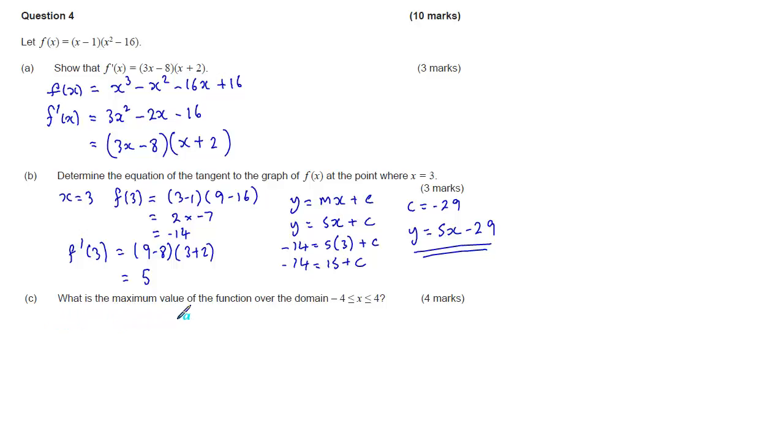What is the maximum value of the function over the domain negative 4 to 4? What I might do here is just do a quick f double dashed of x. Differentiating this one gives me 6x take away 2.